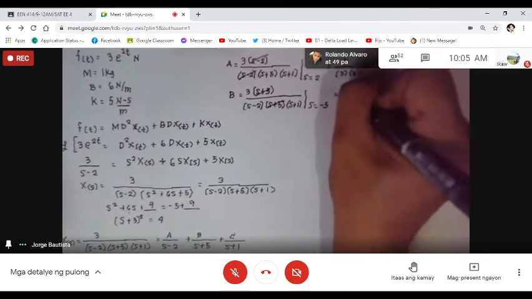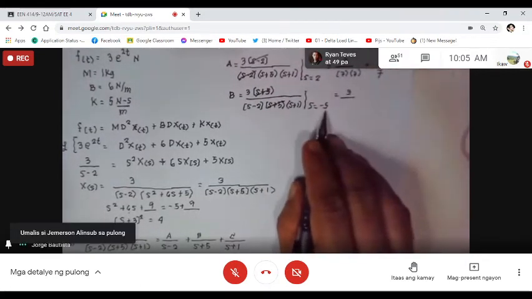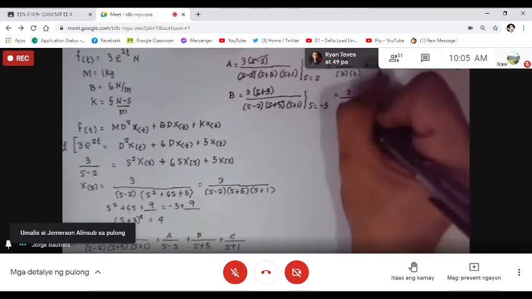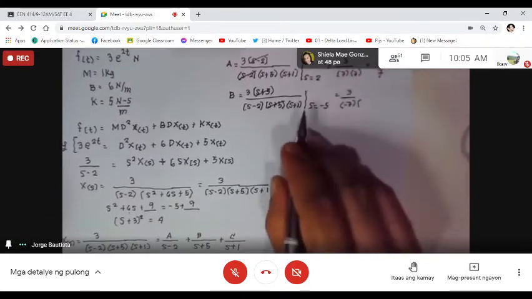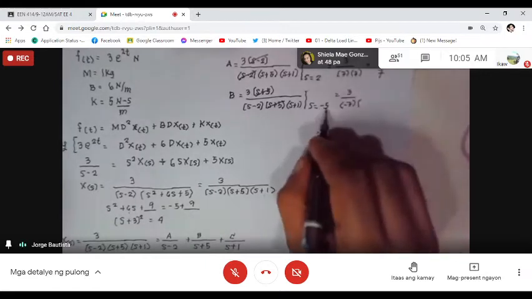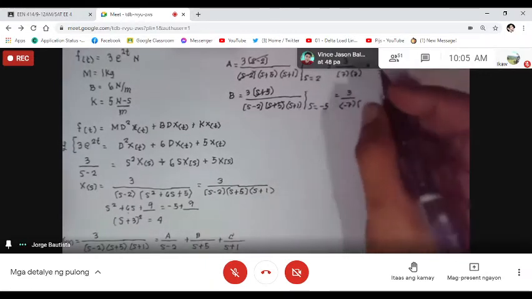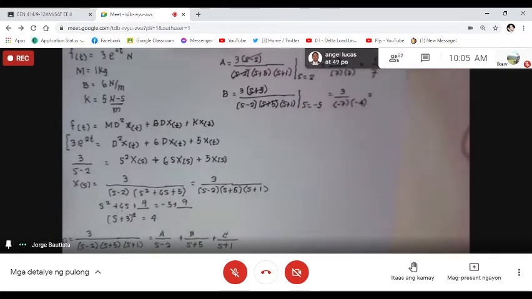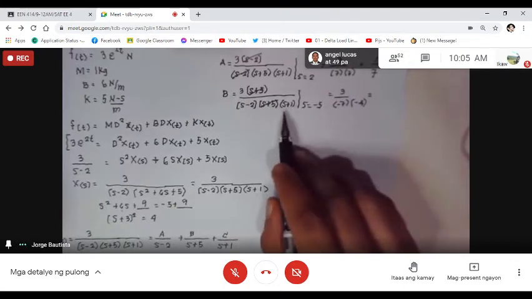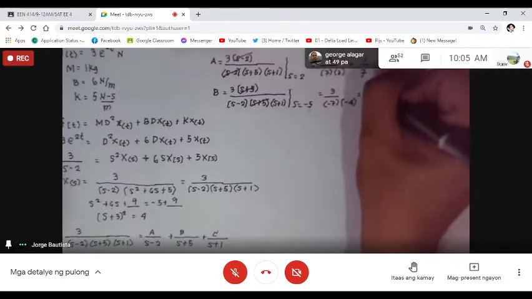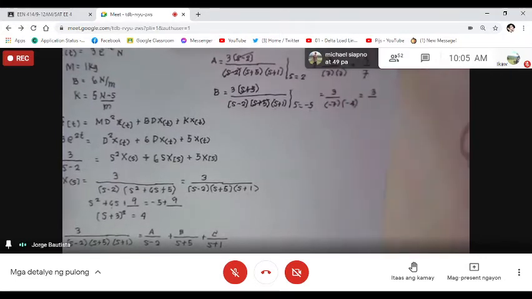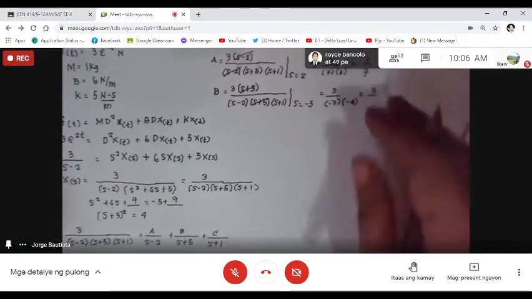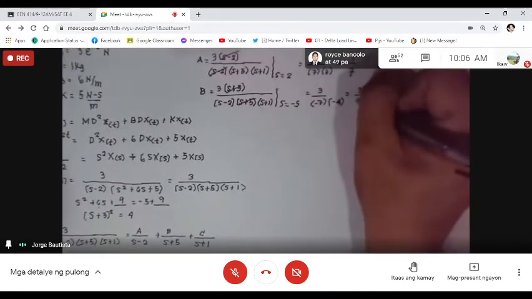So, that is 3 over negative 7, tapos negative 5 plus 1, that is negative 4. So that is 3 over positive 28. So B is 3 over 28.